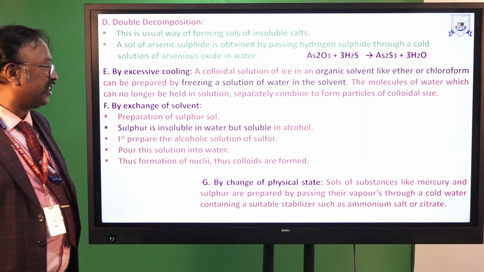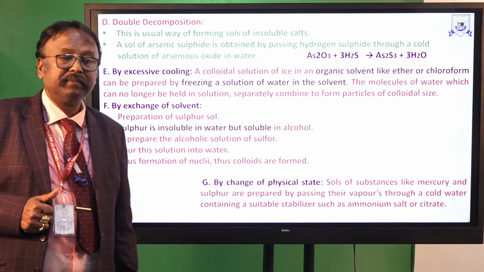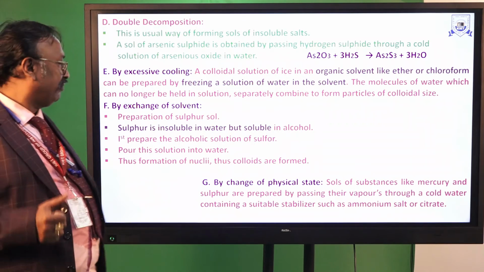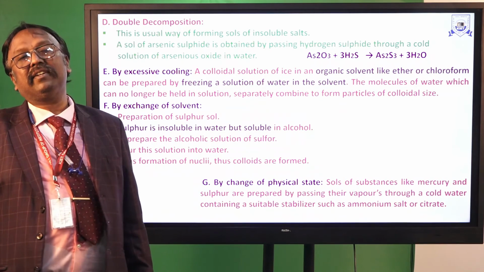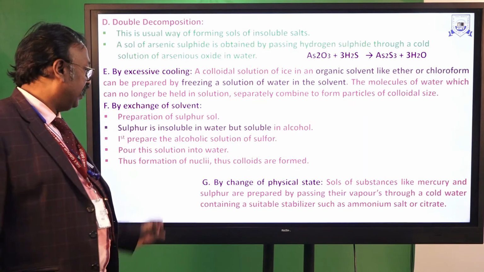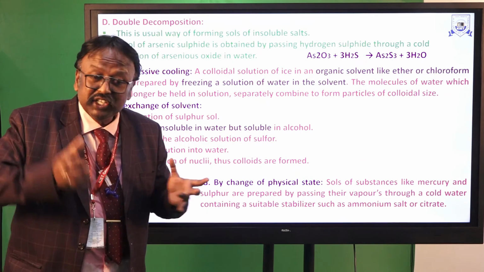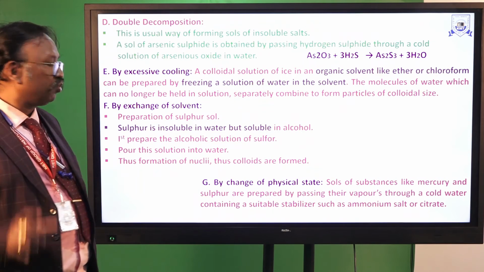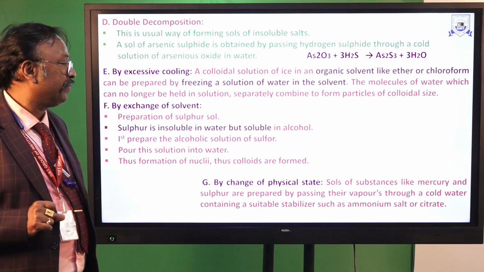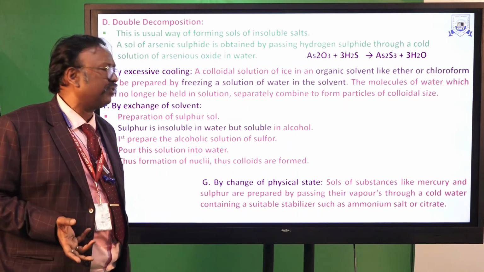Last, by change of physical state. By change of physical state, sols of substances like mercury and sulfur are prepared by passing their vapors through cold water. Mercury and sulfur vapors are raised. These vapors are passed through cold water containing suitable stabilizers, such as ammonium salts and citrates.